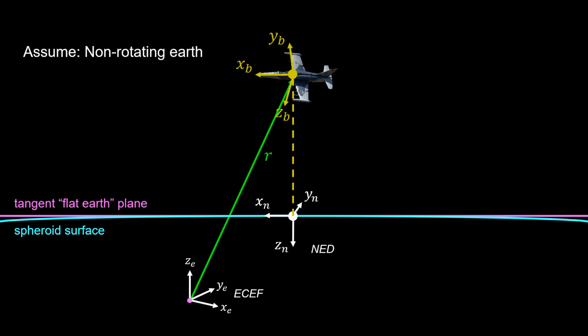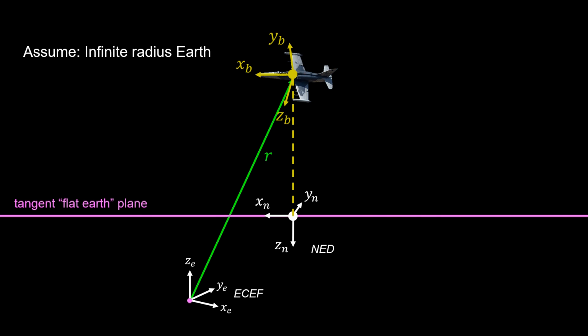Now, assume the Earth does not rotate. This makes the Earth an inertial frame, denoted E. Also assume that the Earth's radius is infinite. Then, our stage for simulation is the flat plane extending from the tangent point, the flat Earth approximation.